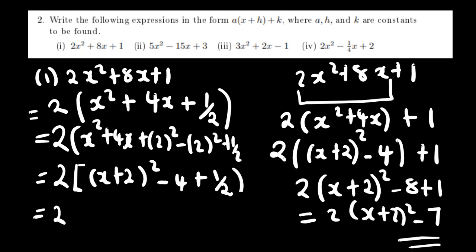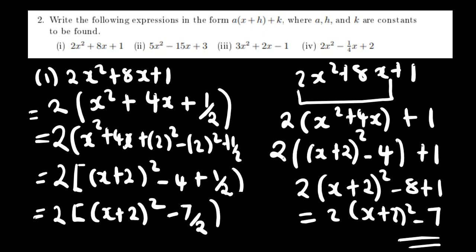So I have a 2 times x plus 2, this is squared, minus 7 over 2, the answer that I found. So now what am I going to have? Now when I distribute the 2, it will be 2 multiplied by the coefficient of x, which is just 1, right? That will just be the same expression, x plus 2 squared. Then when I multiply 2 with negative 7 over 2, what am I going to get?